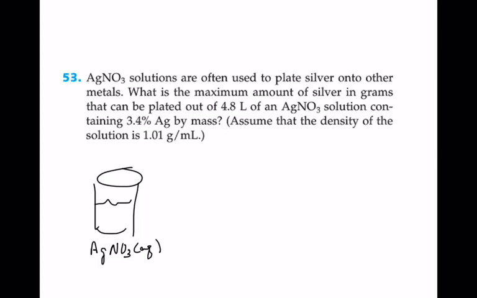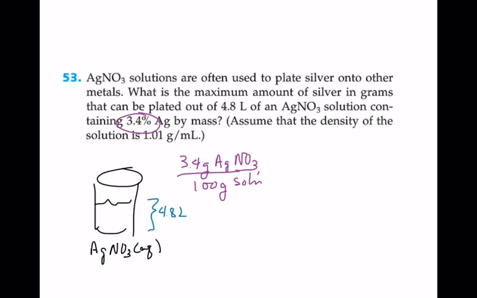I'm going to give it a volume. They say you've got a big old tub of that, 4.8 liters. And they say that particular solution has 3.4 grams of pure AgNO3 per 100 grams of solution.